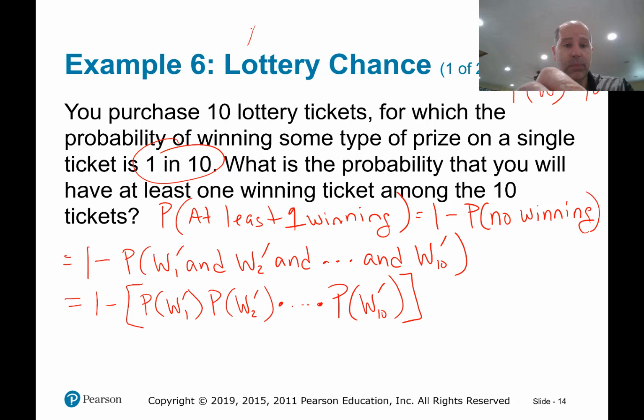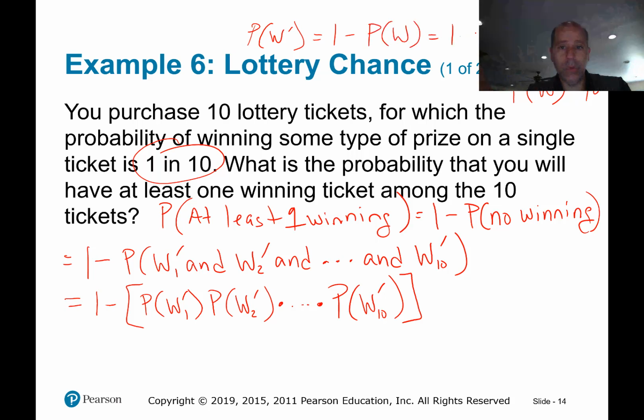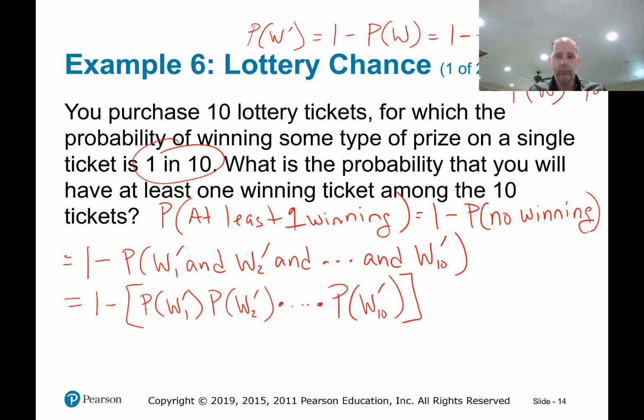So not winning is the complement. So that's going to equal 1 minus the probability of winning, which is 1 minus 1/10, which is equal to 9/10. So the probability of not winning is 9/10. So now we can move forward.